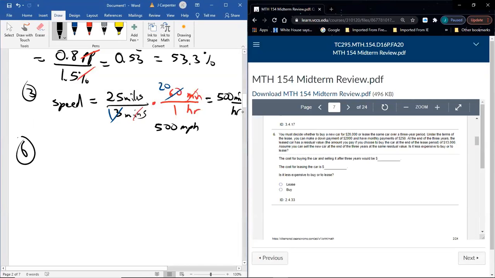All right. So the new car costs $20,000. So new, it's 20K. After 3 years, we can sell it for the residual value, which is $13,000.